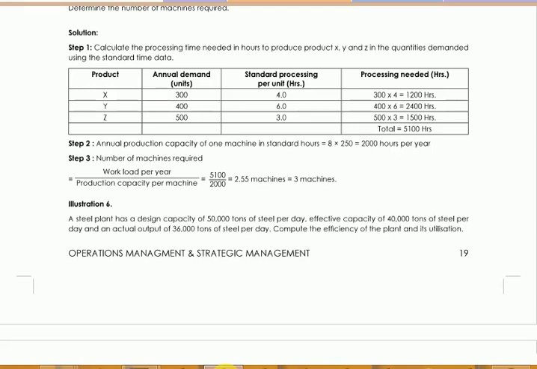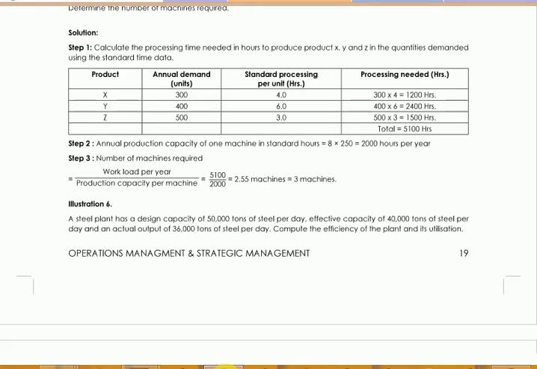Processing needed means the total processing required for converting the raw material into these three finished goods annually: it's 5100 hours. This represents the total processing done on products X, Y and Z yearly. Understand this, it is yearly.